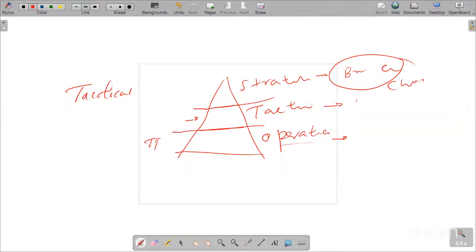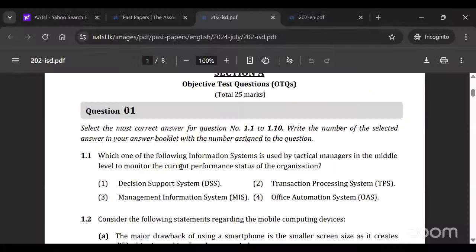Normally, the operational level uses TPS, MIS, EIS, DSS, like that, right? Then the tactical level uses management information systems. Then the correct answer is MIS, right?